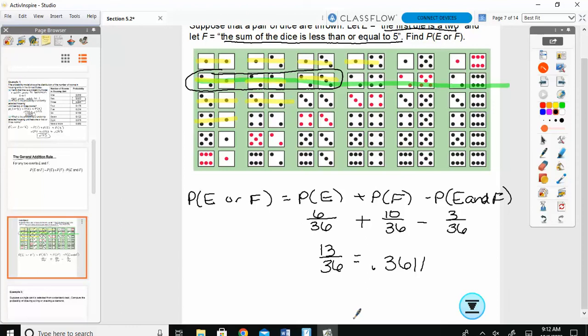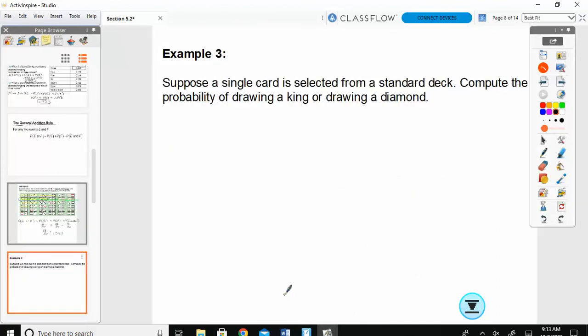Are you guys familiar with a deck of cards at all? Do you know how many suits are in a deck? Diamonds, hearts, spades, clubs. How many cards are in a deck? 52. Okay. So, suppose I take a single card from a deck.